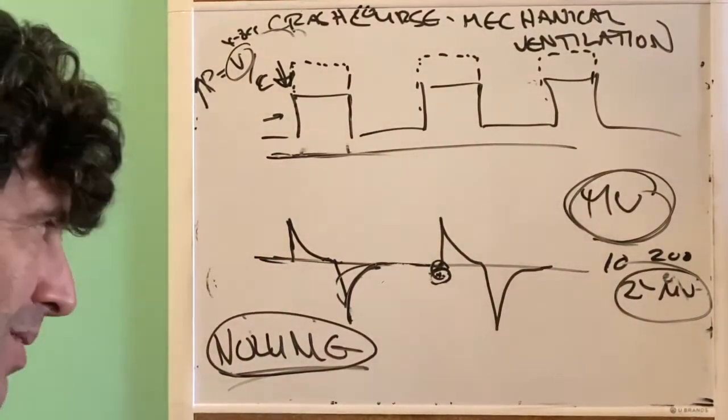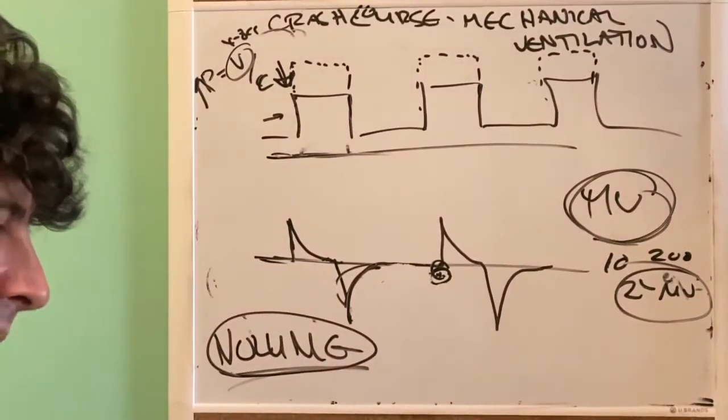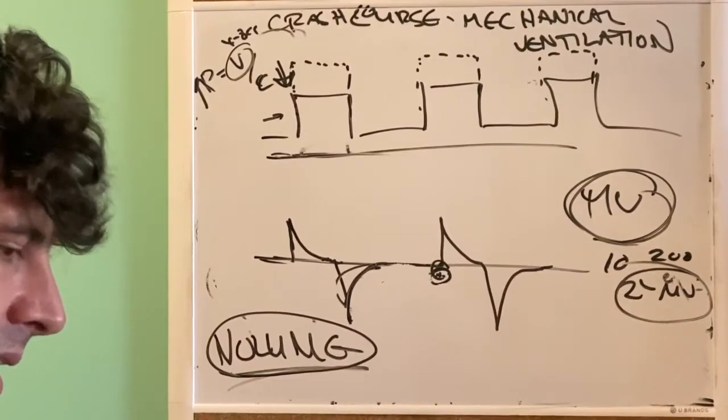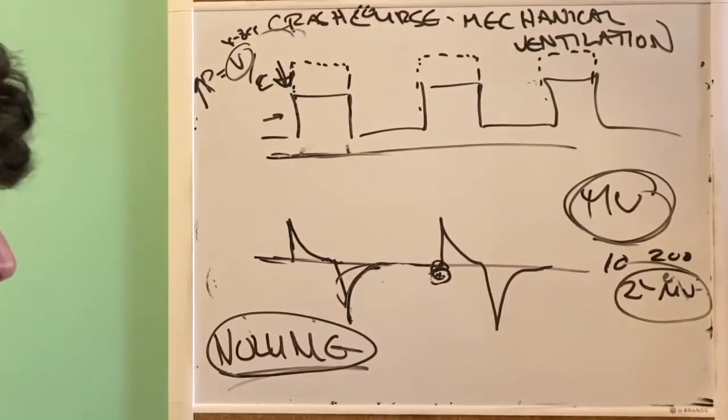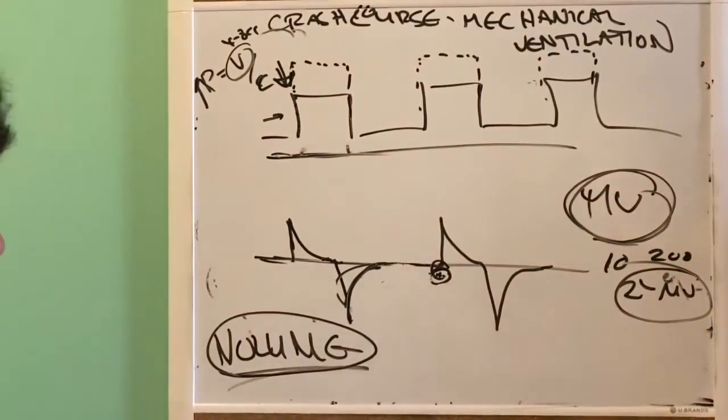A regular person's minute ventilation is 5, all right? This is also something very important to look at because it can tell you something about the nature of the underlying disease, whatever it is. So patients that are sick, patients that are septic, patients that have fevers, they all have increased metabolic activity, and their minute ventilations tend to be much higher.